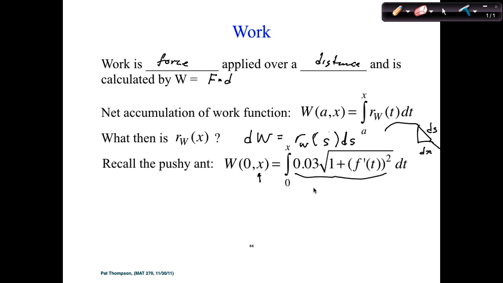This thing transformed us from force along the direction of the ant into work as a function of the x coordinate, horizontal distance. So this then was f of x, force according to the x coordinate of the ant, as opposed to the distance traveled.